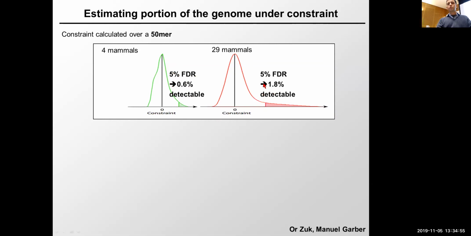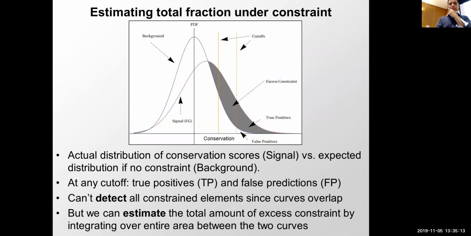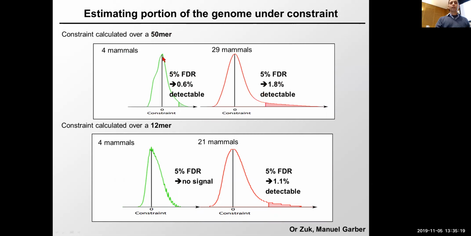And then you can detect 0.6% of the genome as indeed conserved. With 29 mammals, you can detect a much bigger fraction of the genome as being conserved. With 200 mammals, we can recognize the conserved positions for an even larger fraction of the genome. But then you can estimate what fraction of the genome appears to be constrained, and you can do that at the level of 50 nucleotides or at the level of 12 nucleotides. At the level of 50 nucleotides, you don't recognize much.